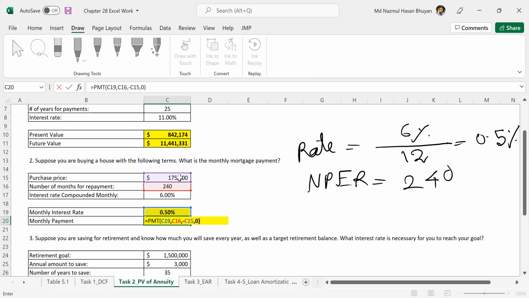All right, next one. Suppose you are saving for retirement and know how much you will save every year, as well as your target retirement balance. What interest rate is necessary for you to reach your goal? Now here we are going to calculate our annual interest rate.